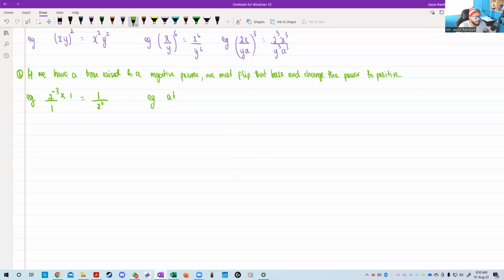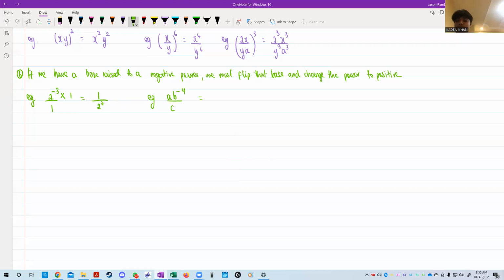A, B to the minus 4, over C. What am I moving? I'm moving the only thing with a negative power attached to it. What has the negative power attached to it? B. What power is on A? 1.